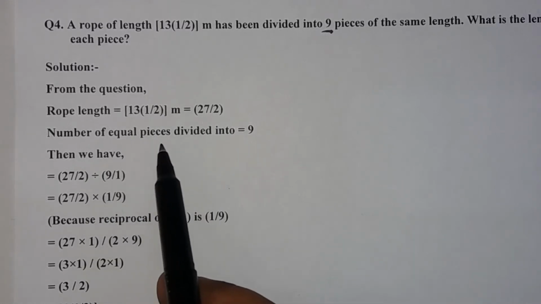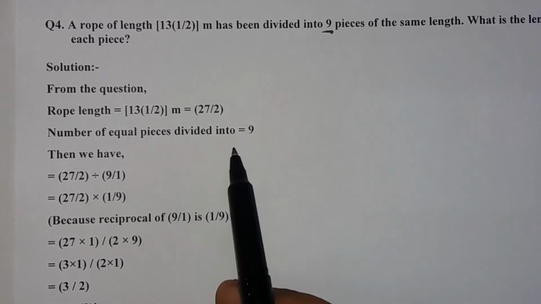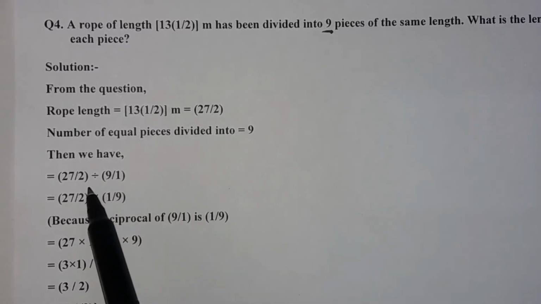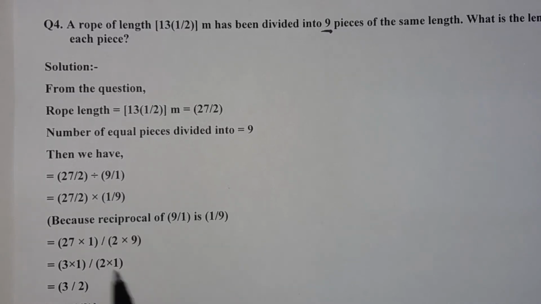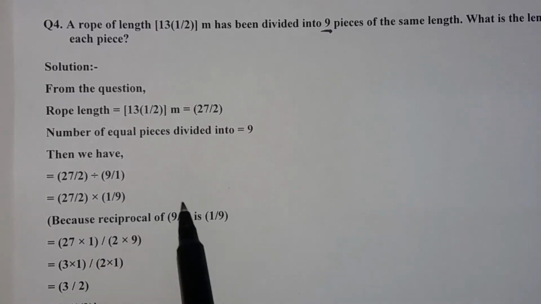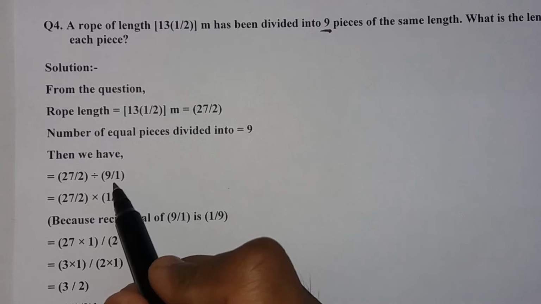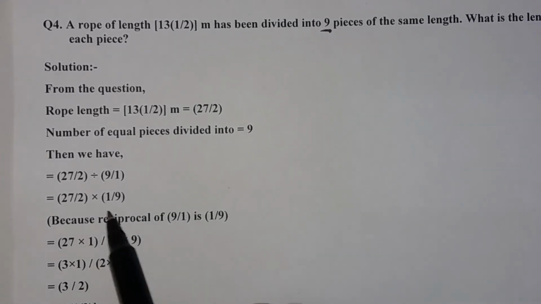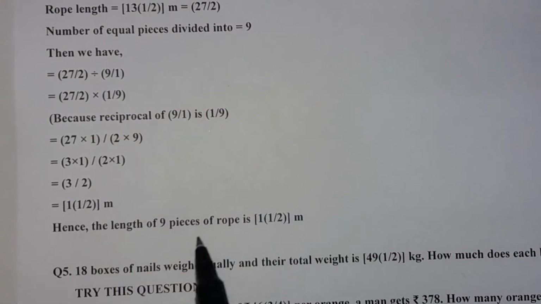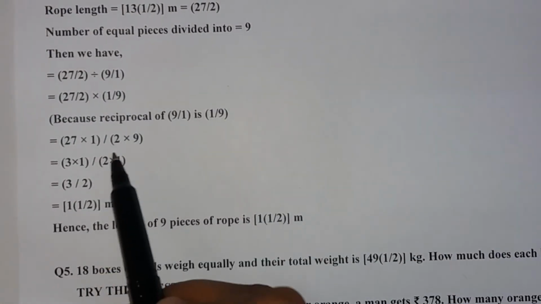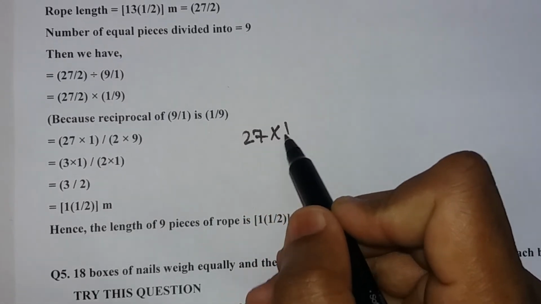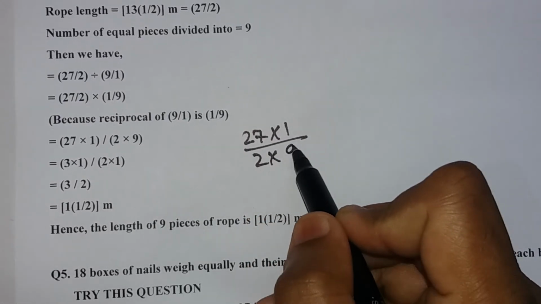So the number of equal pieces is 9 parts. That means we have to divide 27 upon 2 by 9. So 27 upon 2, by solving it, converting it into reciprocal, 1 upon 9. So here 27 into 1 divided by 2 into 9.